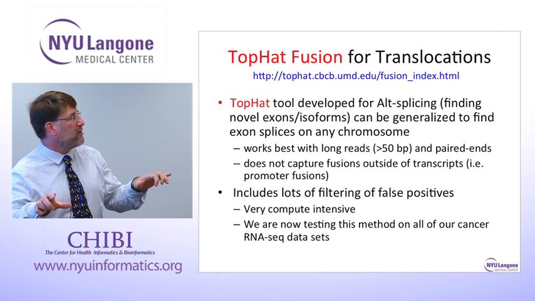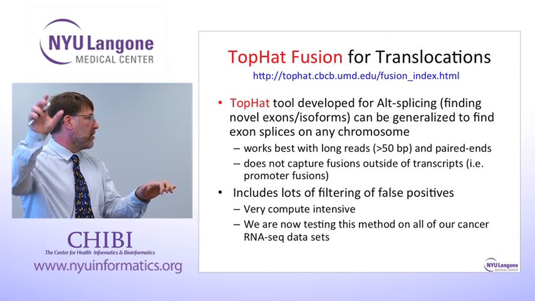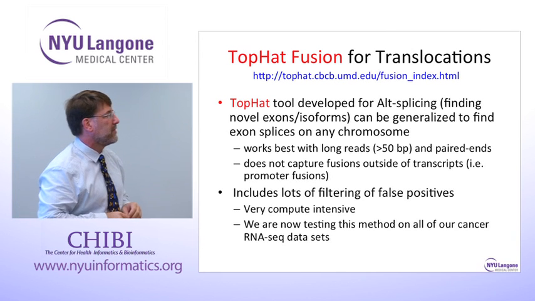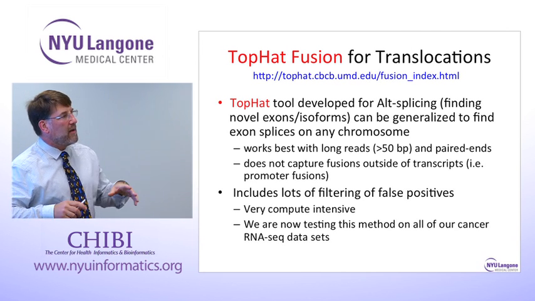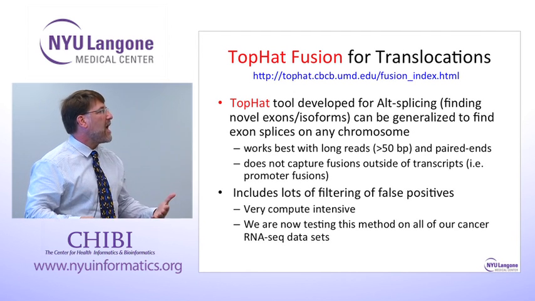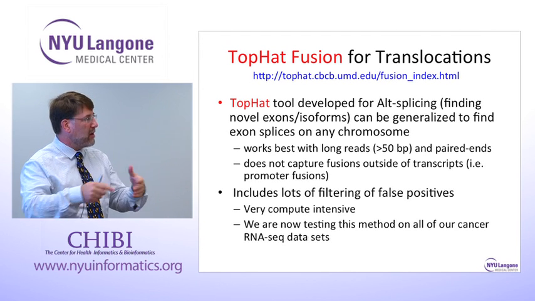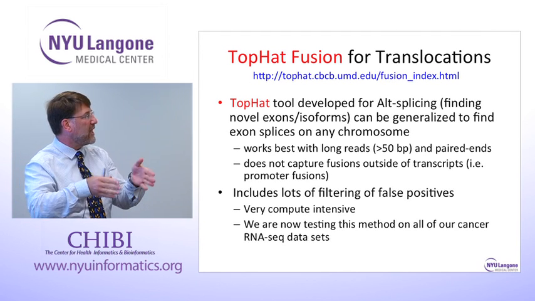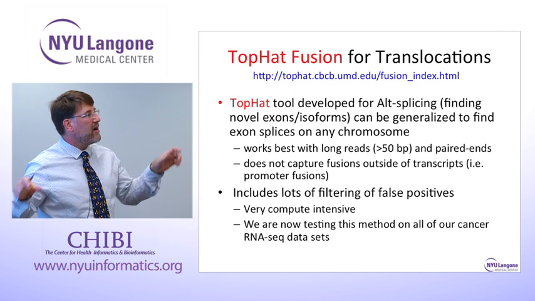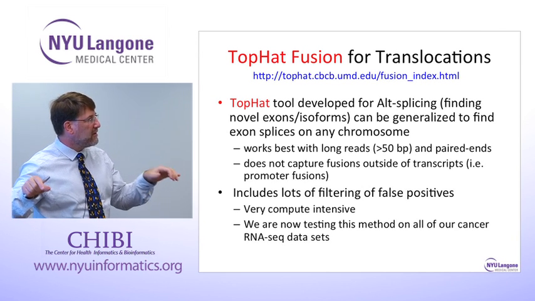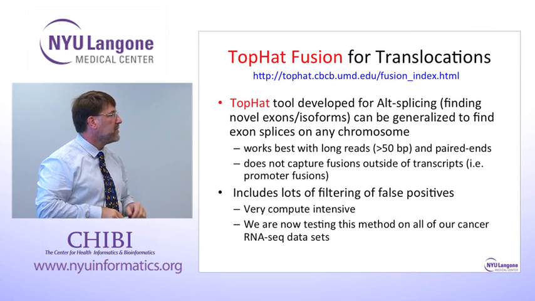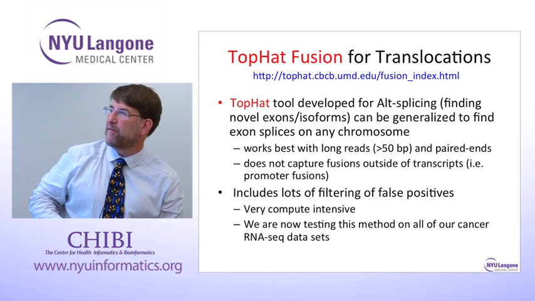And then you map those two ends, and one maps on one chromosome and one maps on another. Those two things together, where you have a junction fragment, one read that goes across the splice site, and some paired ends that map on either side, one chromosome and then the other, is the essence of TopHat-Fusion.